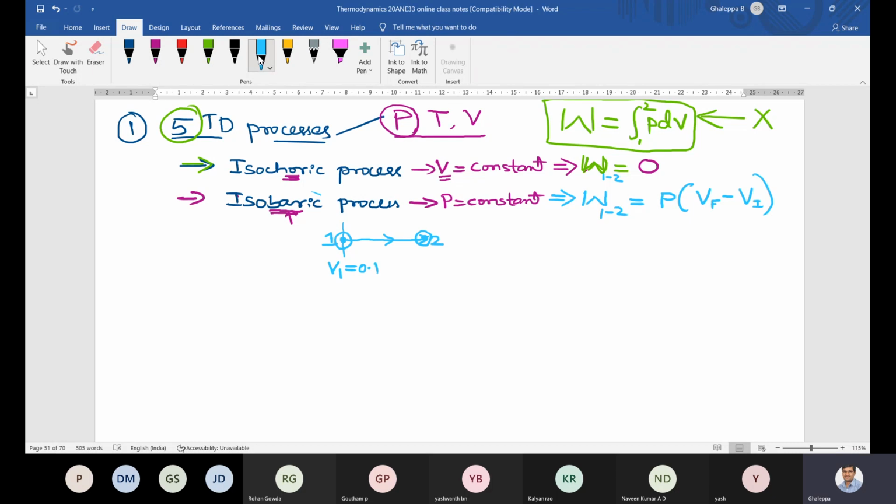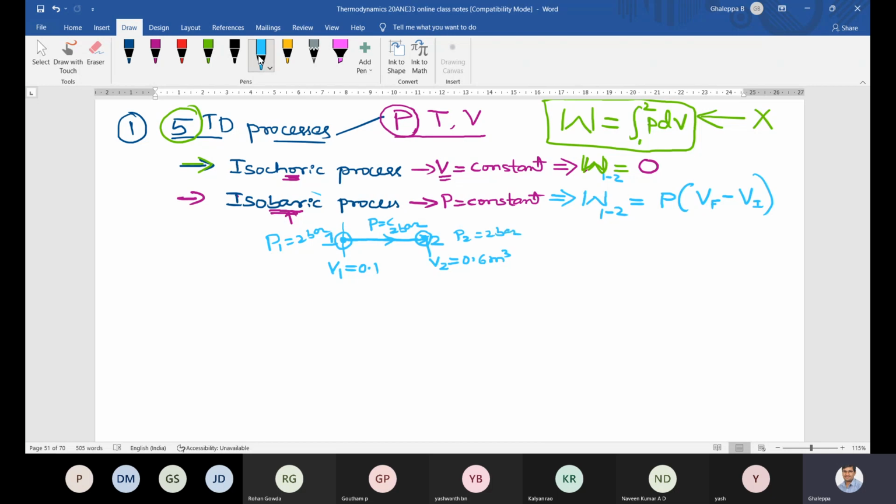V1 is equal to 0.1 and V2 is equal to 0.6. Let us assume simple. And during the 1 to 2 process, the pressure is constant. Constant pressure, it may be 2 bar or 3 bar, 4 bar, whatever may be. So when the pressure is constant throughout the process, P1 is also equal to 2 bar, P2 is also equal to 2 bar.